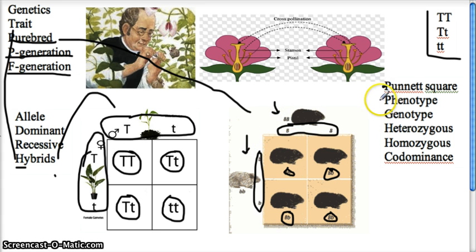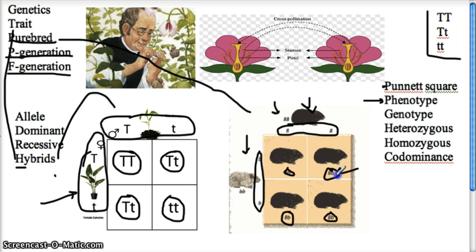We have a term called a phenotype. A phenotype is the visible traits. Phenotype here is black fur. Phenotype here is tall plant. They're the physical appearance, whereas the genotype is just the allele combinations.